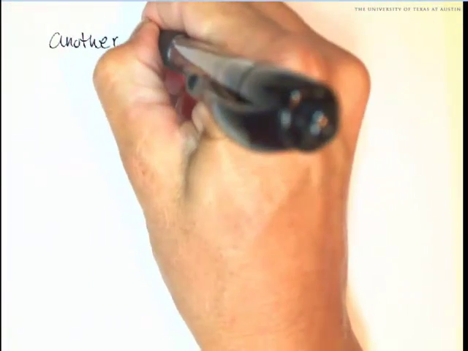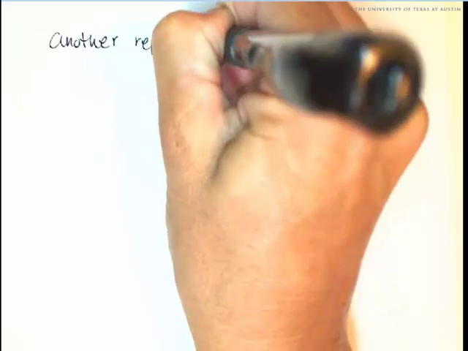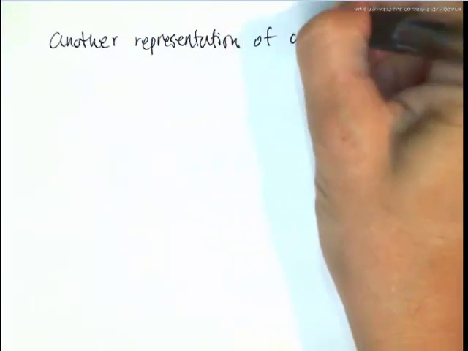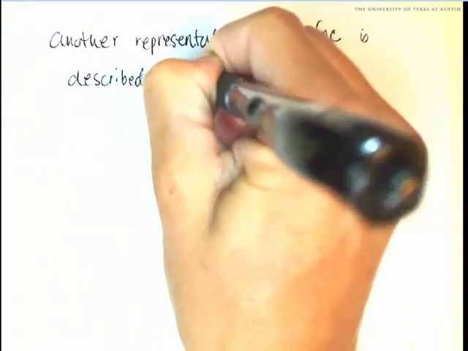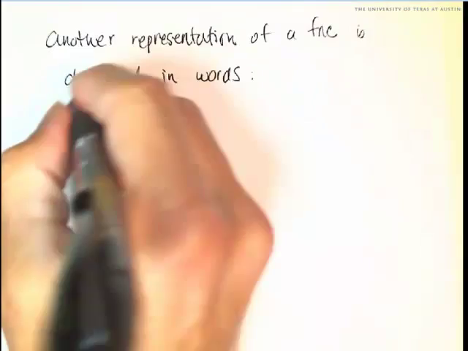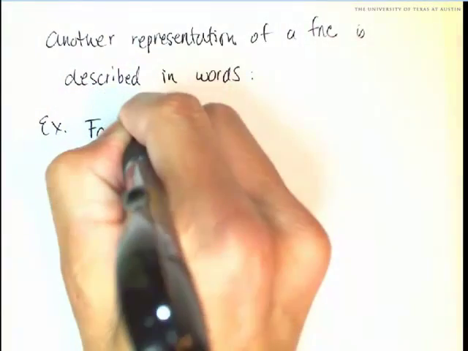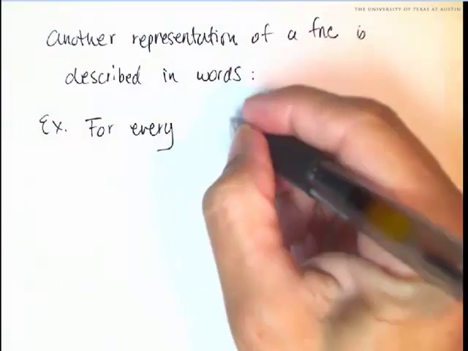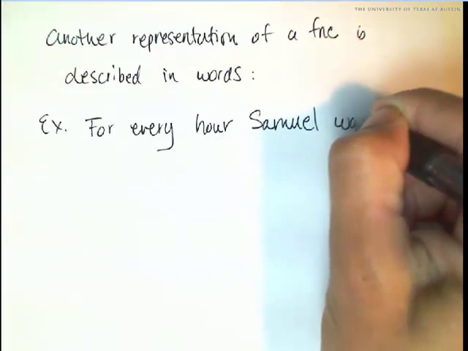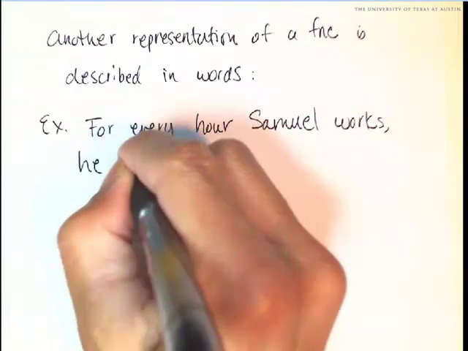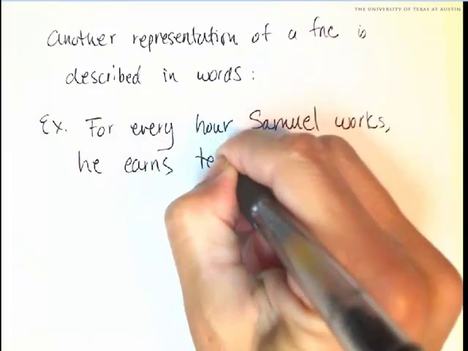Okay, sometimes we see a function described in words. So, for example, for every hour Samuel works, he earns $10.